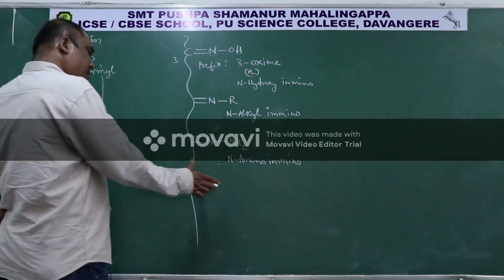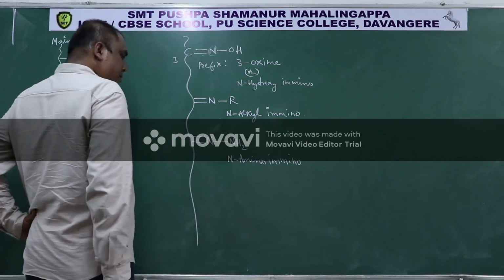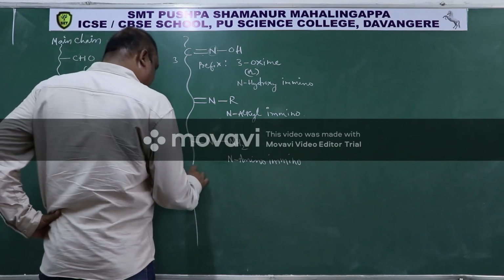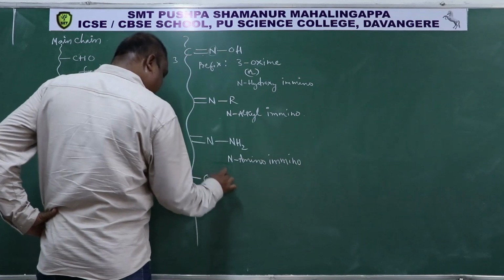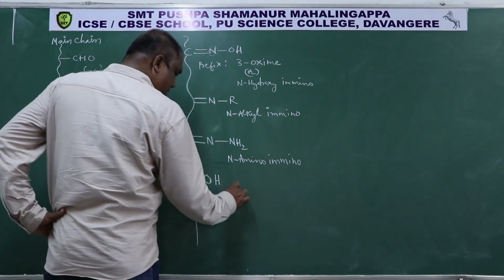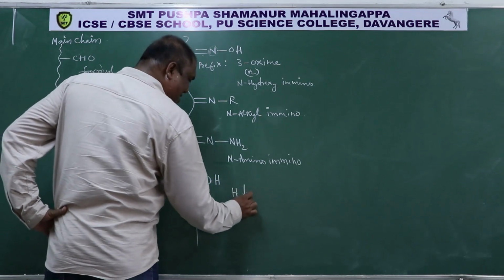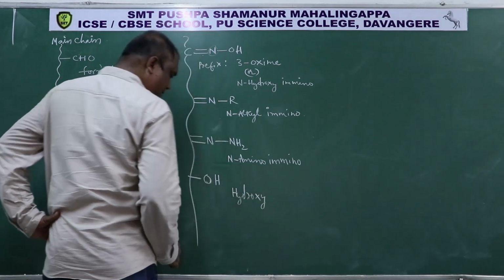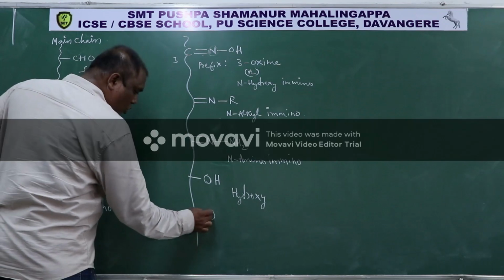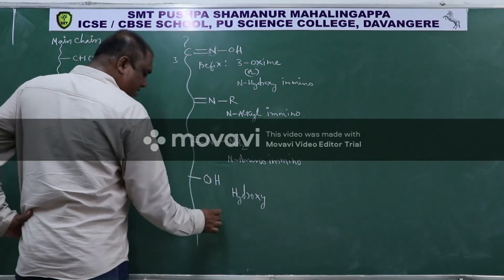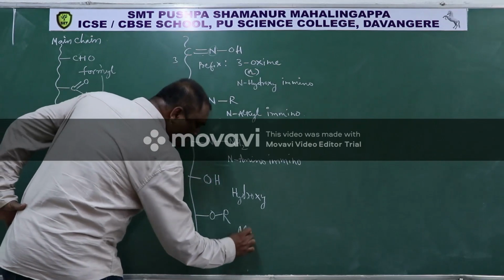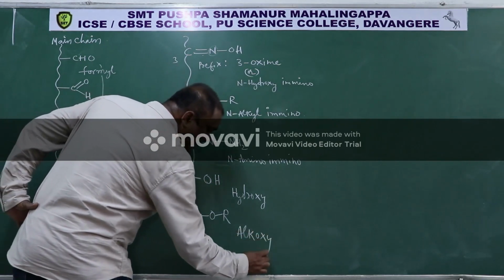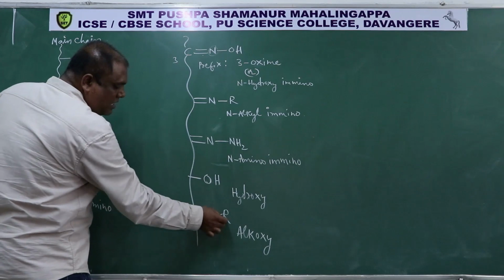Then the side chain OH: the side chain name becomes hydroxy. Then O, and in place of H if there is R, then it is called alkoxy. R is an alkyl group and this is oxygen, alkoxy.